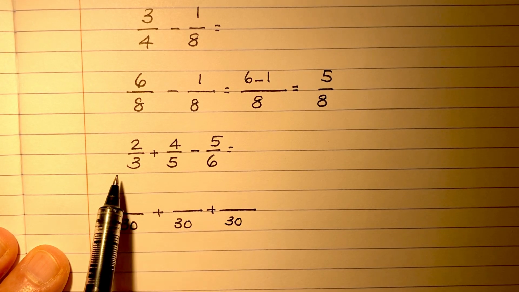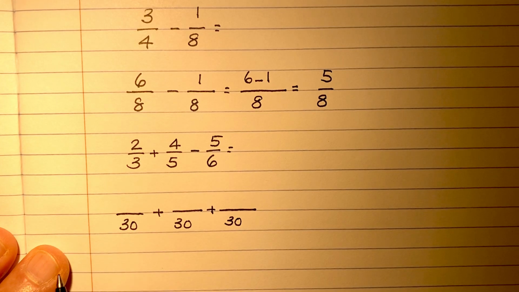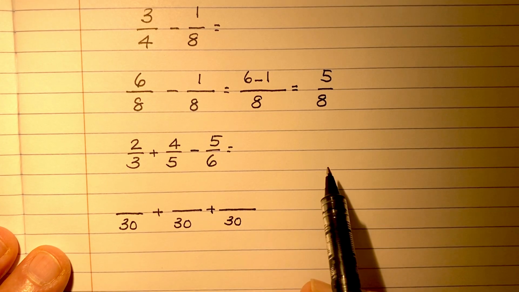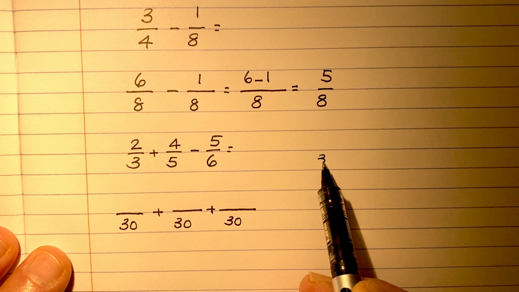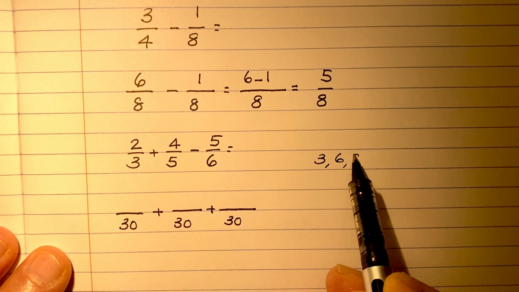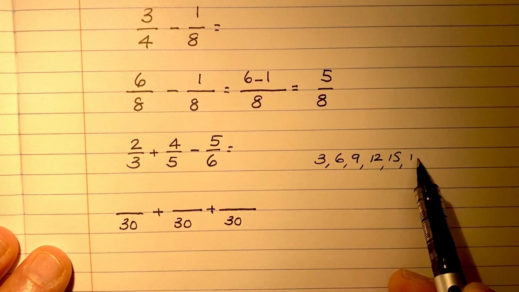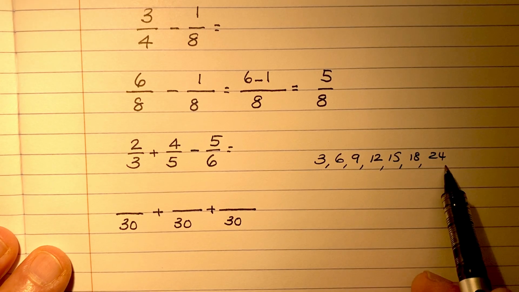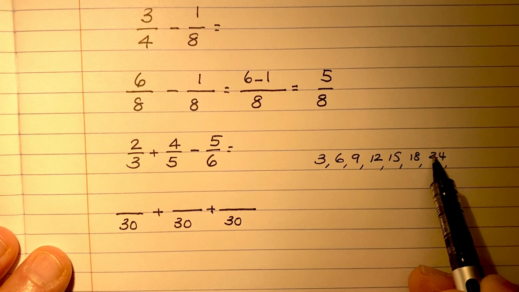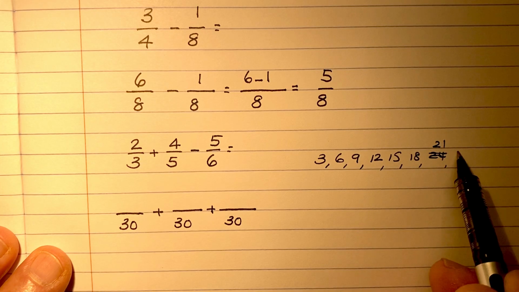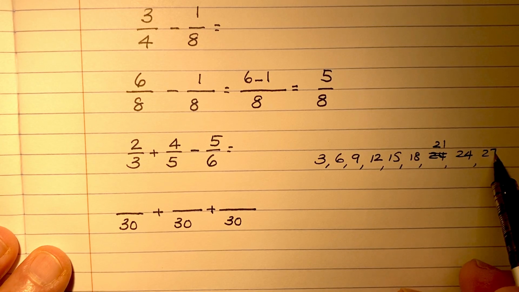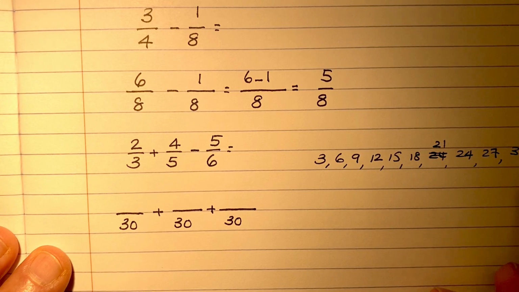You can write multiples of 3: 3, 6, 9, 12, 15, 18, 21, 24, 27. You reach 30 here.